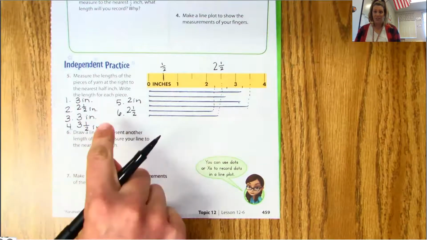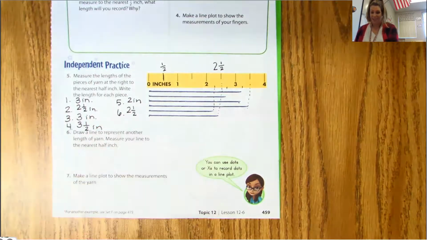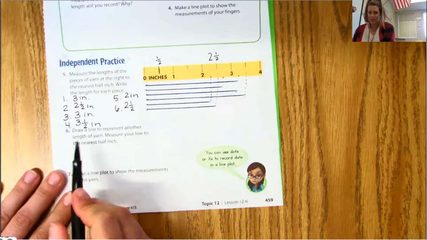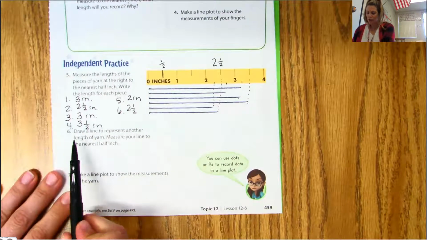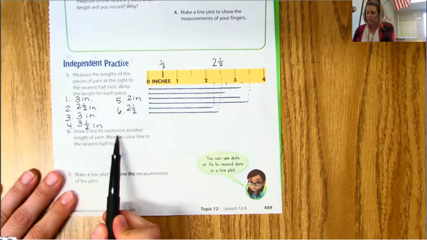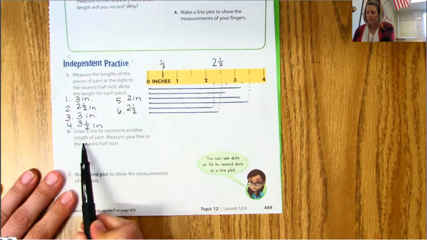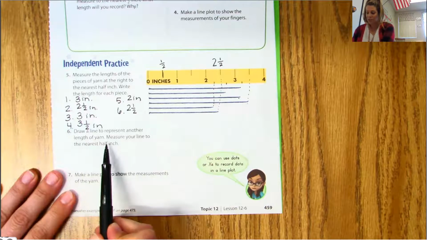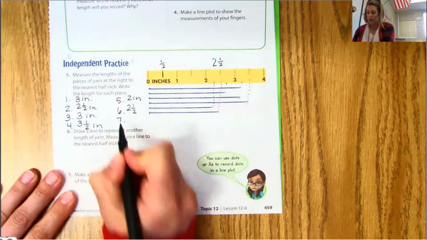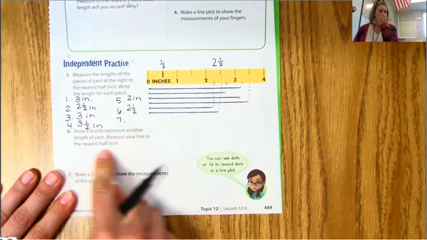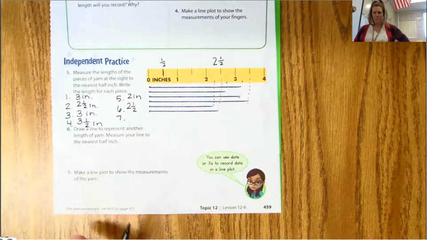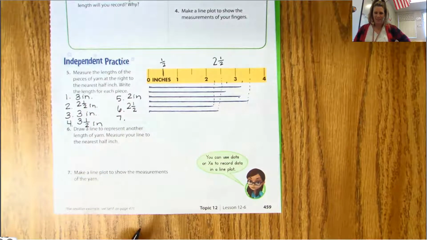Now we need to figure out how we're going to graph that. But let's look at number 6. Draw a line to represent another length of yarn. Oh, so they want us to actually add one more. Measure your line to the nearest ½ inch. I want to make this one really long. What do you think we could draw to what number would make it the longest?